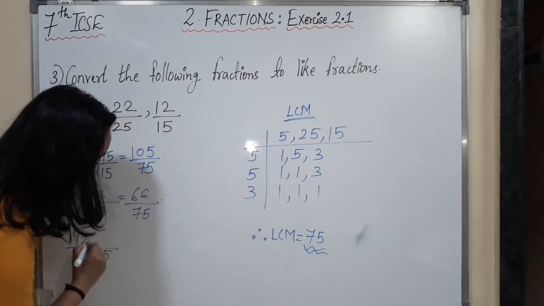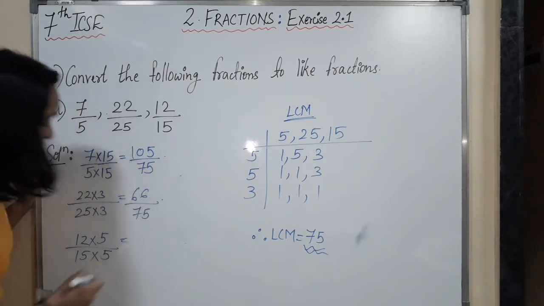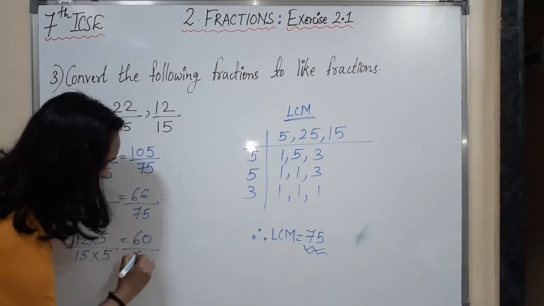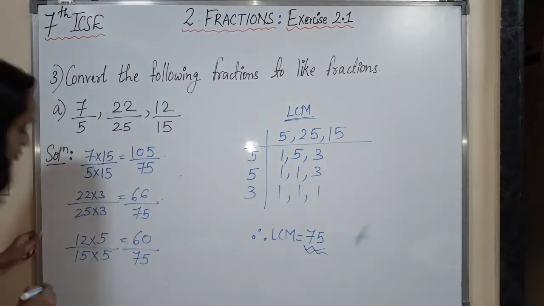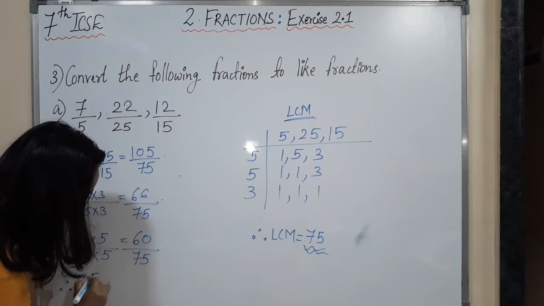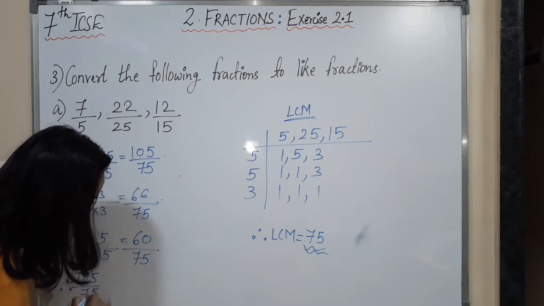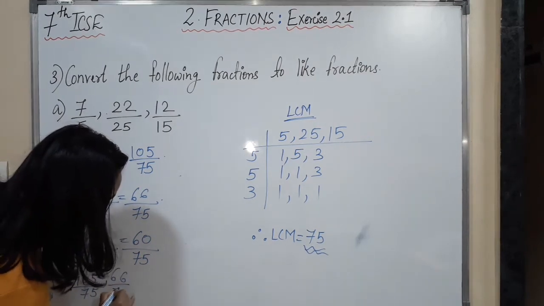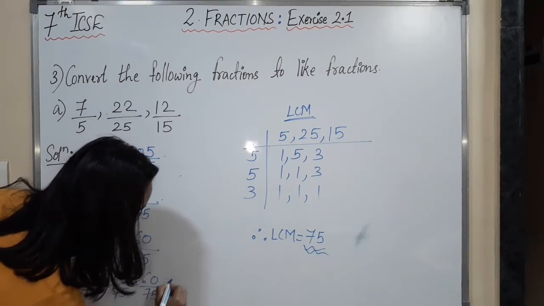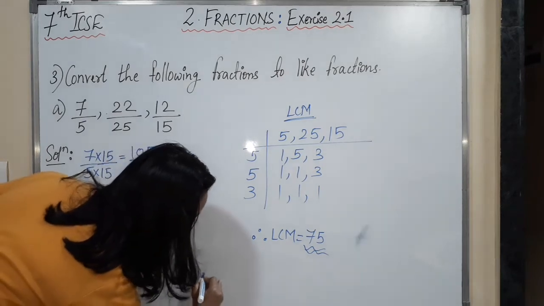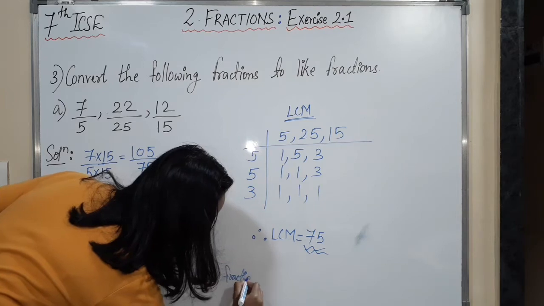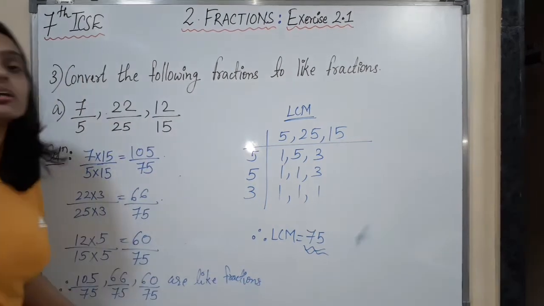So we'll multiply numerator and denominator by 5. 12 5s is 60 and 15 5s is 75. Therefore 105 upon 75, 66 upon 75, 60 upon 75 are like fractions, as their denominators are the same now.